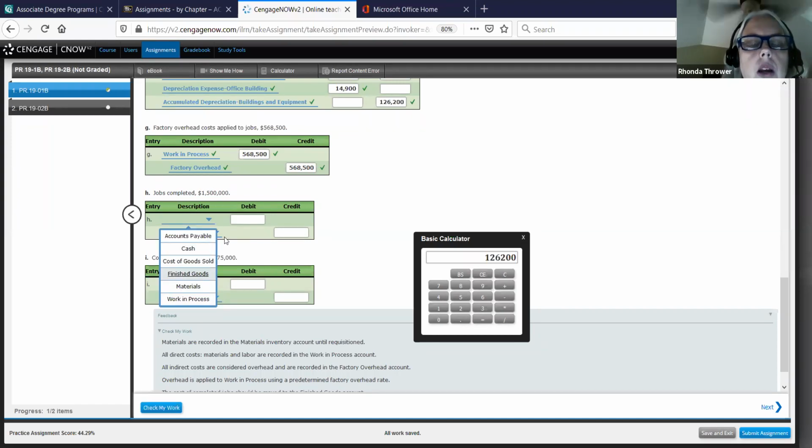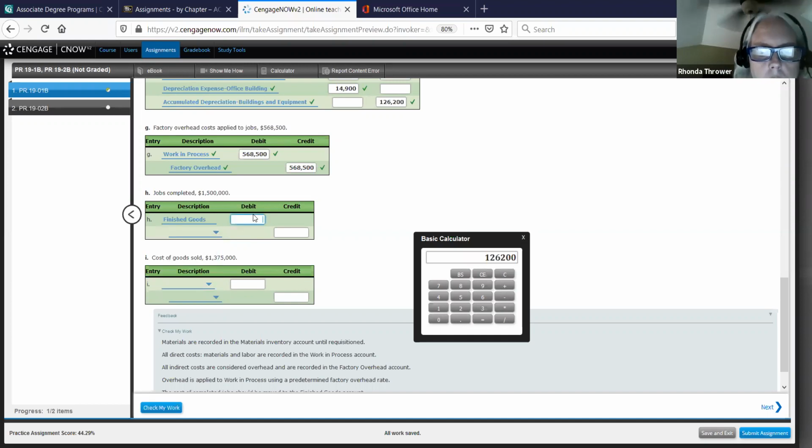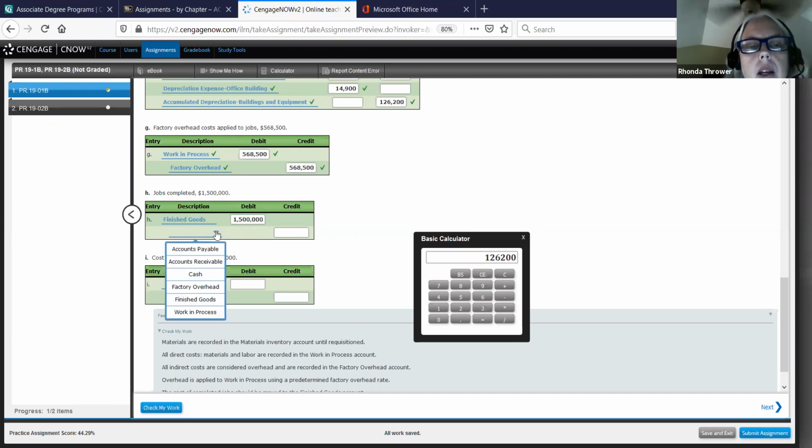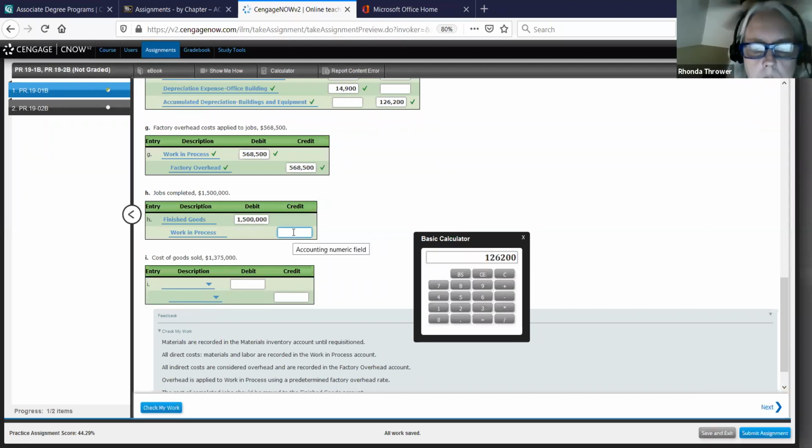It's really an inventory account, and it would be debited for the amount of 1,500,000. We'd have a credit to the amount of our work in process because we're transferring out of the work in process the materials that we have actually converted to finished goods, and they'll go into finished goods. So work in process has to be credited here for 1,500,000.